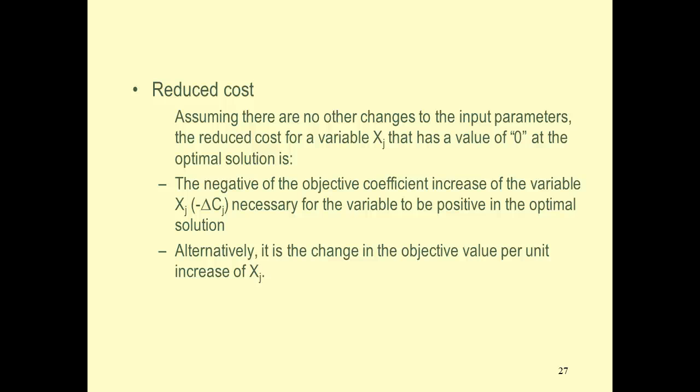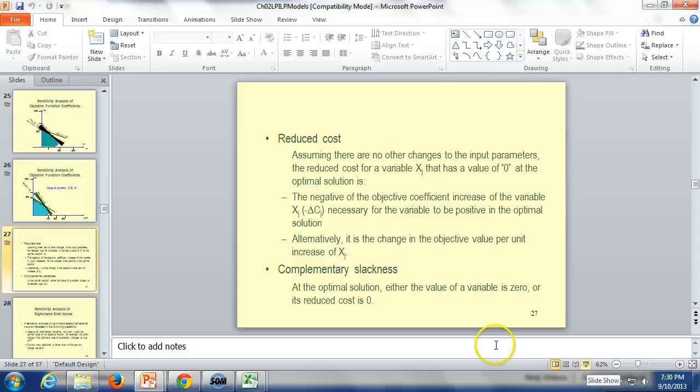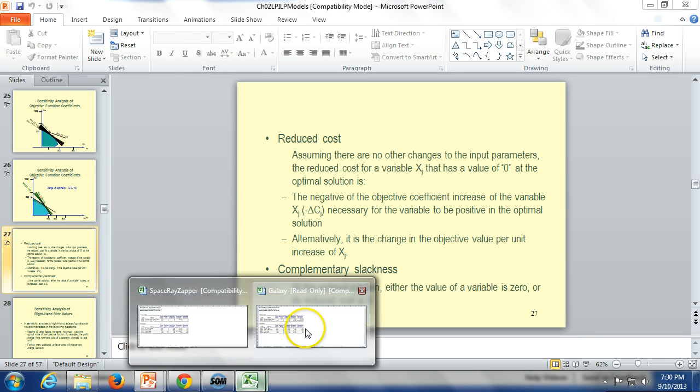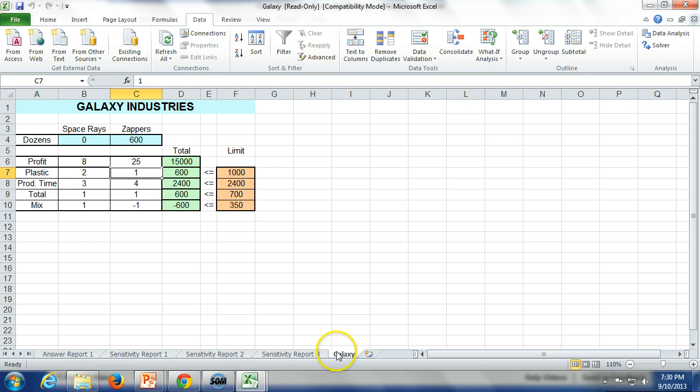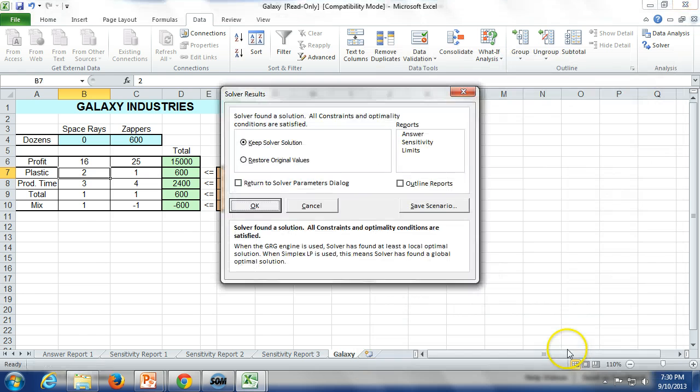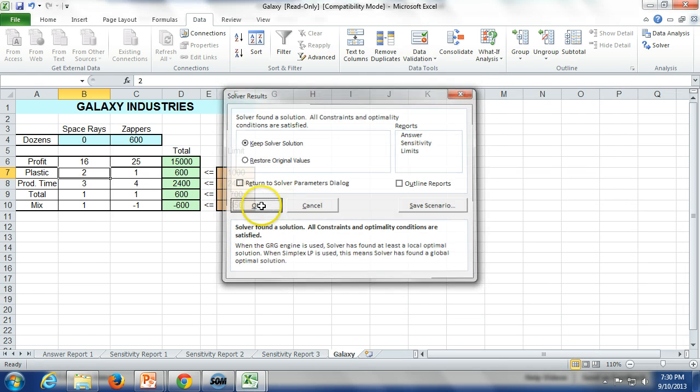Let's test that out. Let's see if that's the case. If I go back and make this $16, hey, that sounds pretty profitable. If I resolve, is it going to make any space rays? No. It's still not profitable enough.